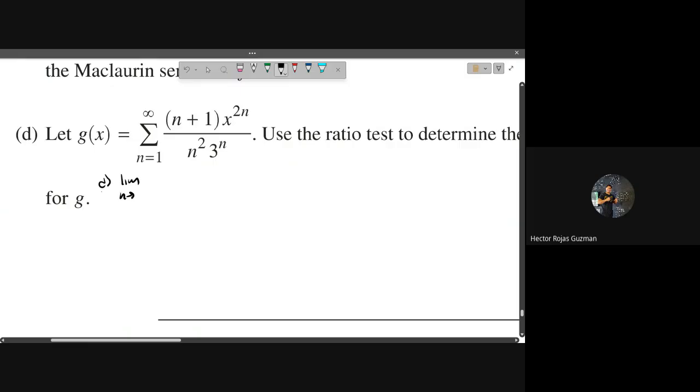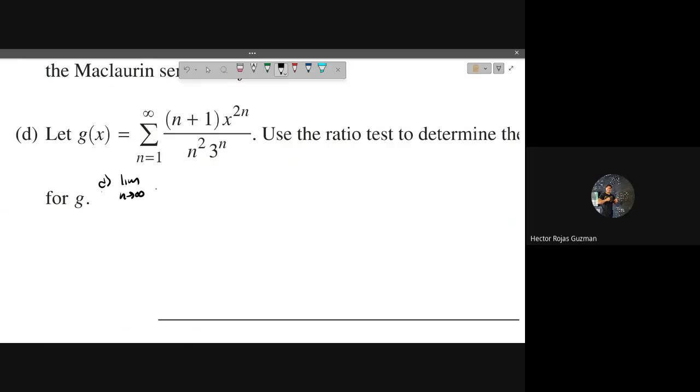The limit as n approaches infinity, we're gonna be doing a of n plus 1 divided by a of n. That's gonna be n plus 2 times x to the power of, look, I'm gonna skip a step, but technically this is what you should be doing, and it's gonna become 2n plus 2.